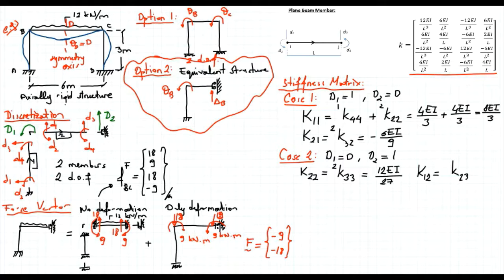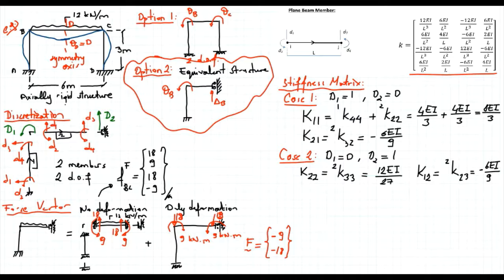That's again coming from the second member. If we go to that figure, it's these coefficients. It should be the same as this one. And that's also equal to minus 6 EI divided by 9. Now, as you see, we have the stiffness matrix, we have the force vector.